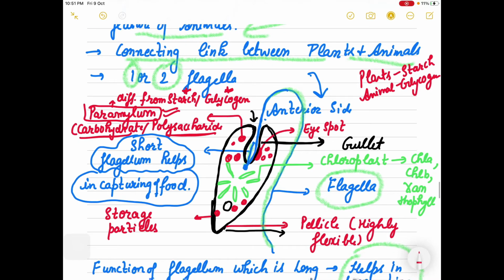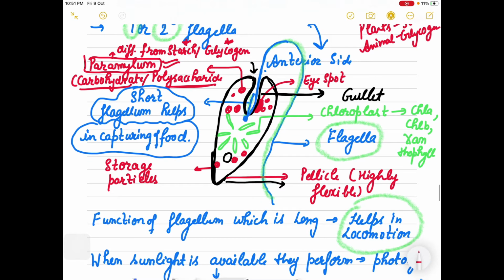Then at the base of this gullet, it has a red colored eye spot which helps in detecting the light, right? And then it has a round spiral shape. These are the chloroplasts, and these chloroplasts are having chlorophyll A, chlorophyll B, xanthophyll, right?